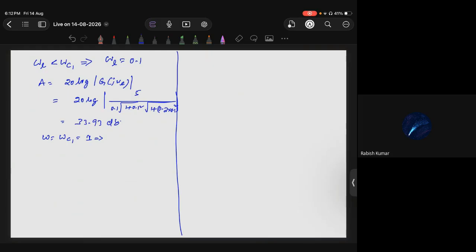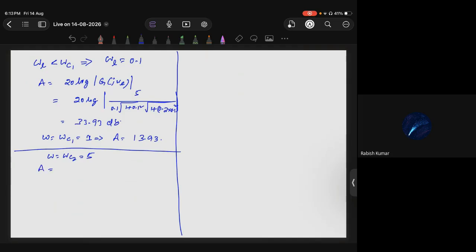Similarly at omega equal to omega c1, that is 1, what is the value here? If you do the same calculation, you will get 13.93. This is the first part. The second part is omega equal to omega c2, that is 5. There you will do the calculation.